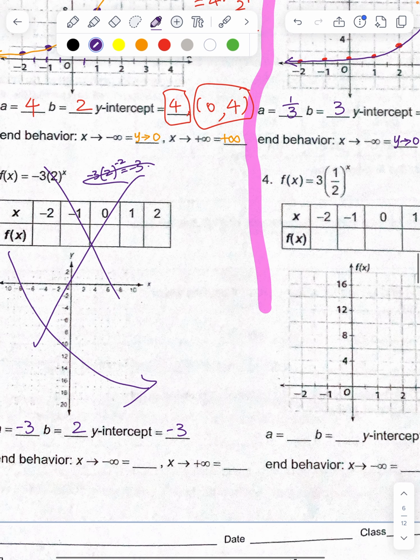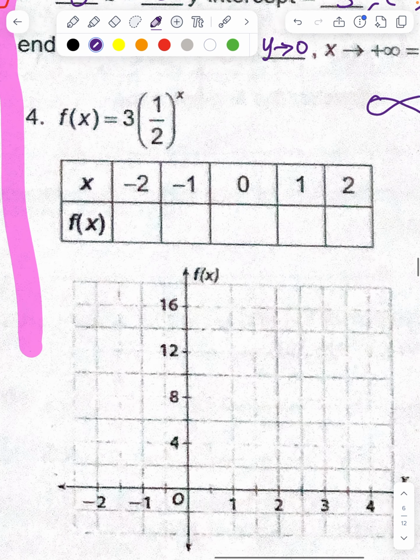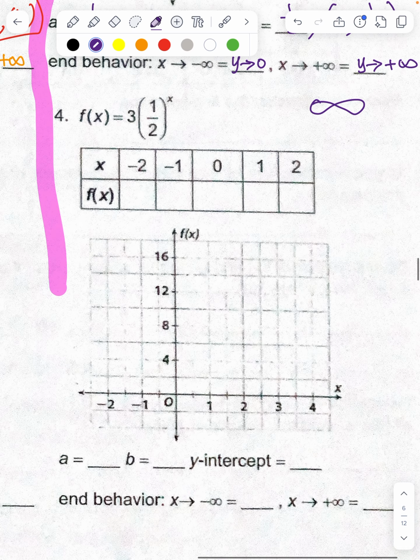Let's do number 4. a is 3. a is also the y-intercept, so the y-intercept is also 3. b is the multiplier, the base of the exponent part.